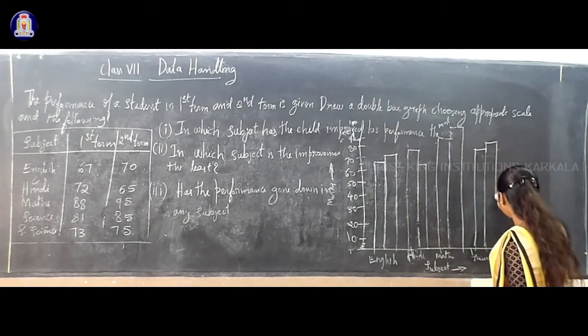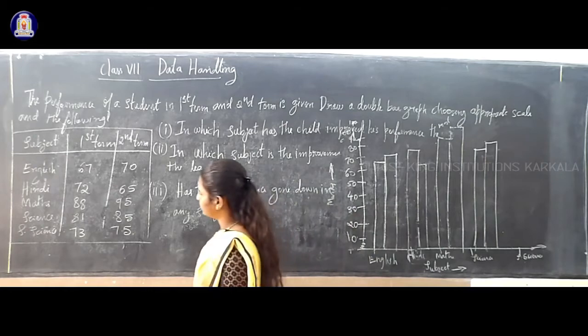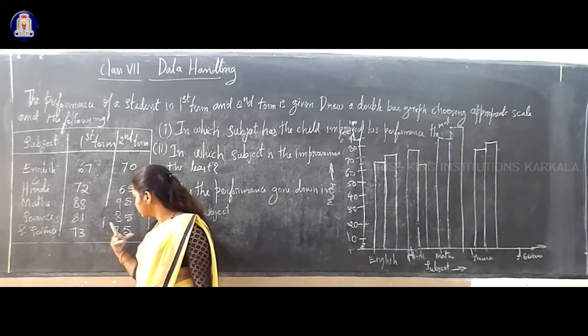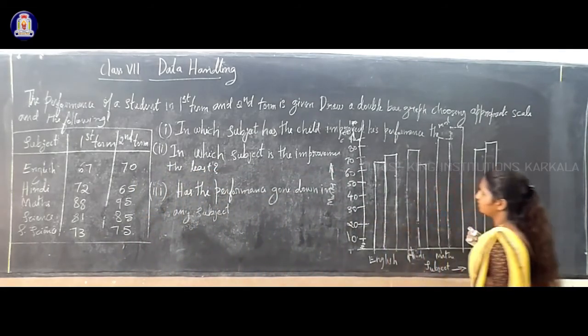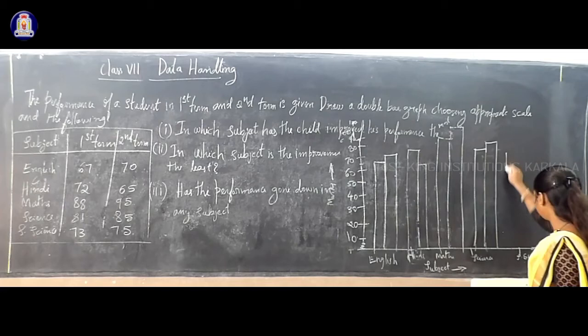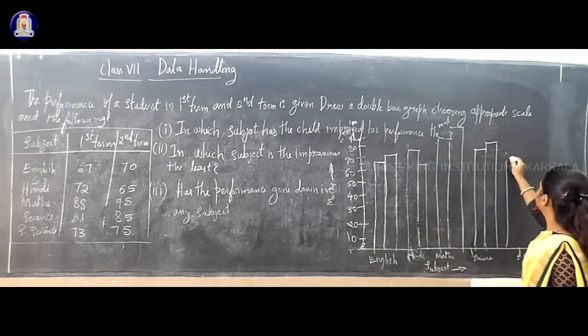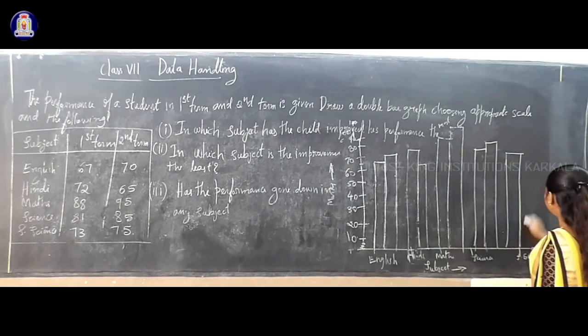Clear? So these are the scores in science. Now last, that is social science. In the first term he scored 73 marks and in the second term 75. 73 and 75.